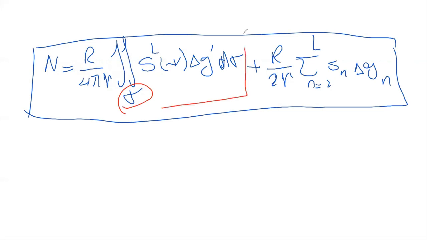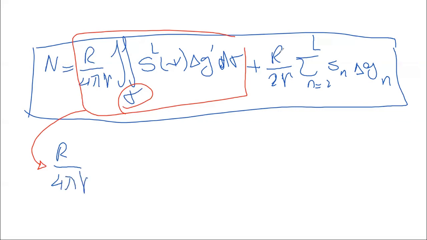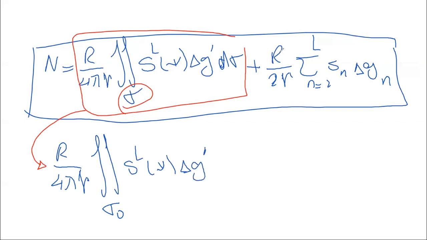Therefore, let me just focus on this part, the integral part. I write this integral in two ways. If you remember, it was like that. Integral from 0 to the cap of integration, SL psi delta G prime d psi, plus R over 4 pi gamma.